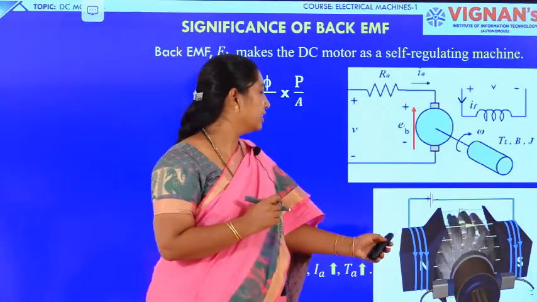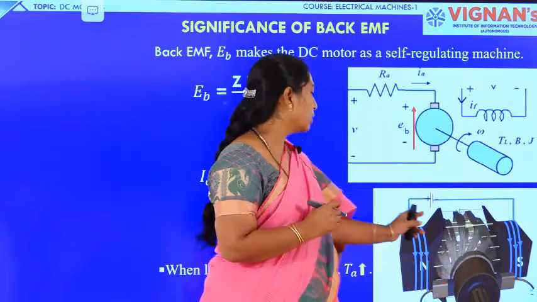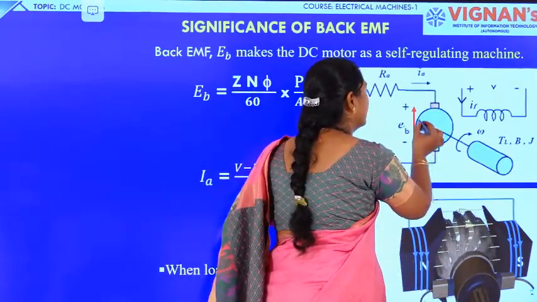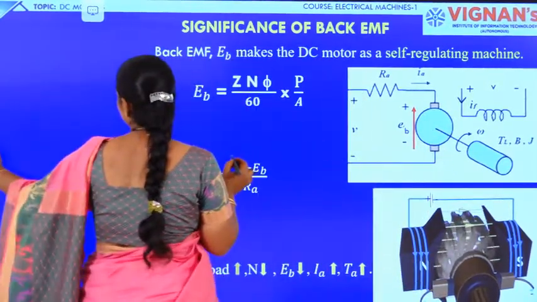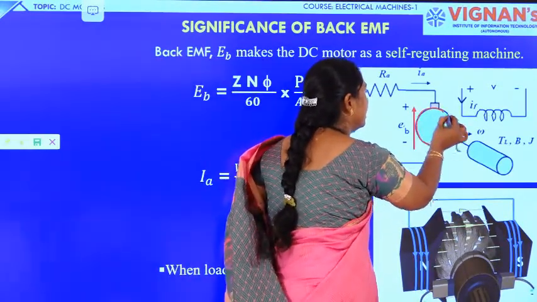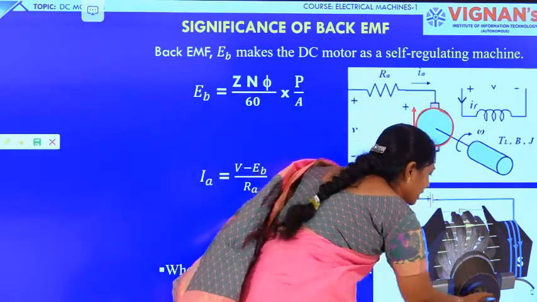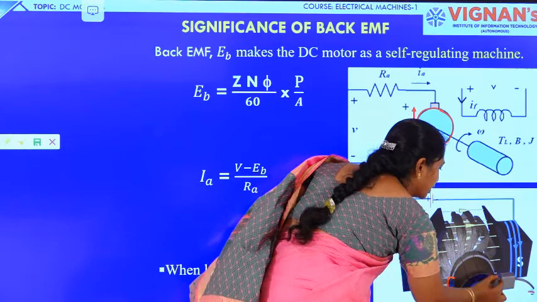We know that the armature conductors are placed in the magnetic field. So, we represent the armature conductors like this. The armature is represented here. The armature conductors are supplied with a DC voltage through the brushes.